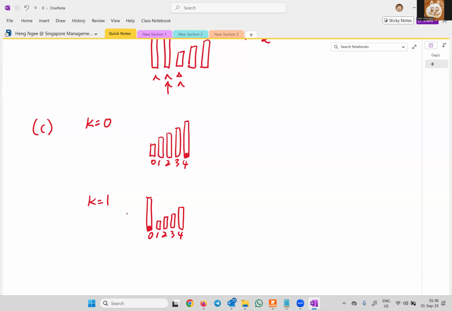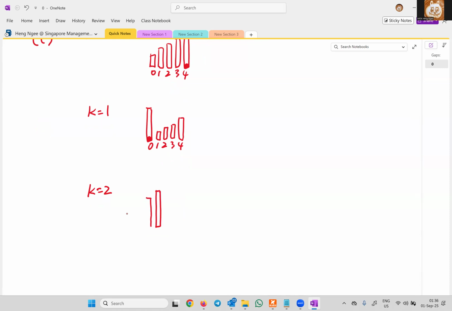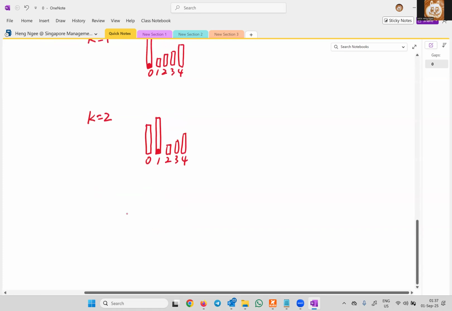When k is equivalent to 2, the largest element is here at position 1. When k is equivalent to 3, the largest position is at 2.